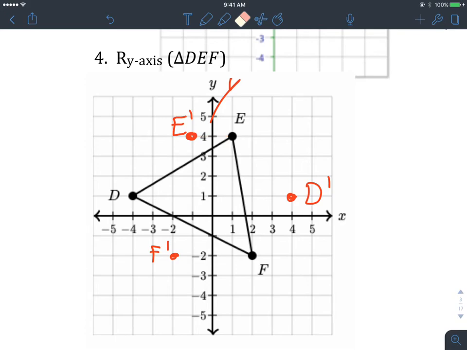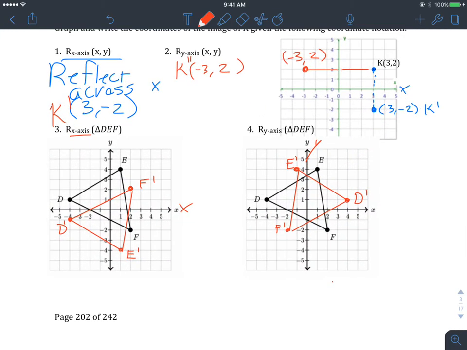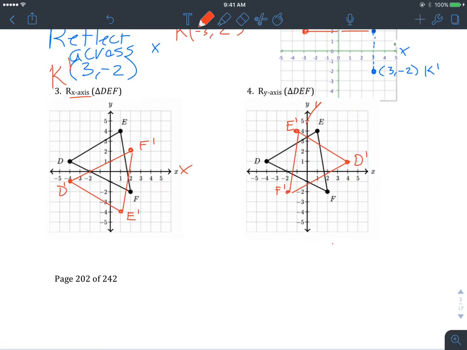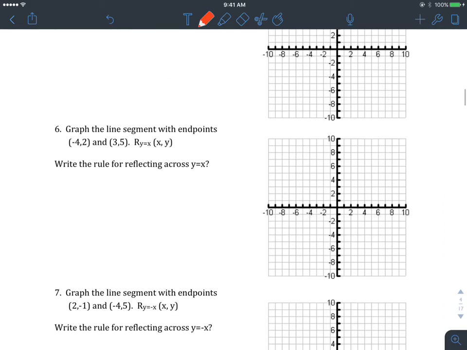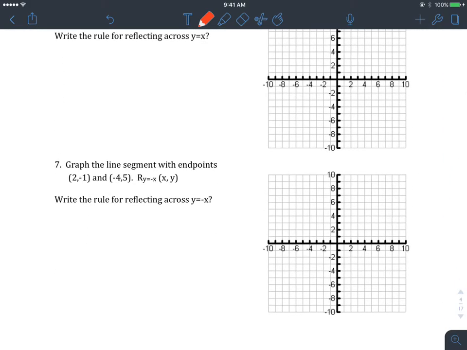By the way, if you have a point that's directly on the axis you're reflecting across, you don't move that point; it just stays there. So if E happened to be right on the axis, when you reflect across, it doesn't move.